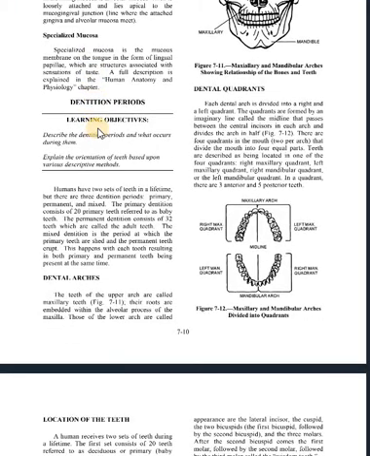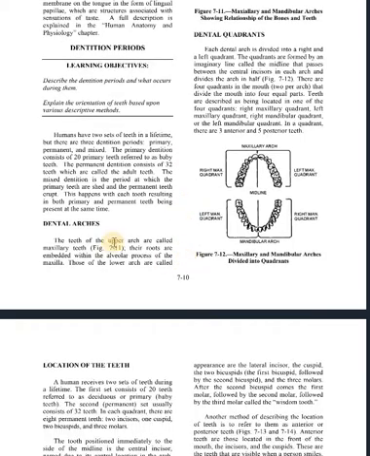Let's see, dentition periods. Humans have 20 baby teeth, primary teeth. Then permanent teeth, called permanent dentition, consist of 32 teeth, which are the adult teeth. Teeth of the upper arch are called your maxillary teeth, because your top jaw is called your maxillae.